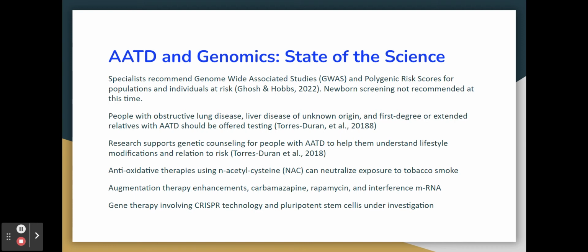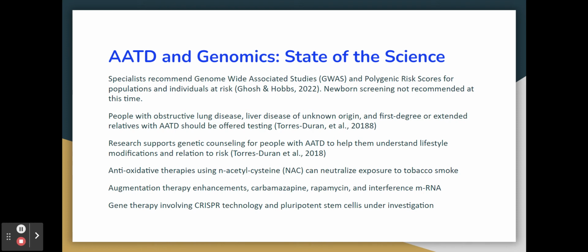Definitely anybody with obstructive lung disease, liver disease of unknown origin, or a relative with known AATD should be offered testing. It is not as expensive as other options and certainly cheaper than a lifetime of care if you can reach people before the disease progresses to the point where they've got significant impairment.